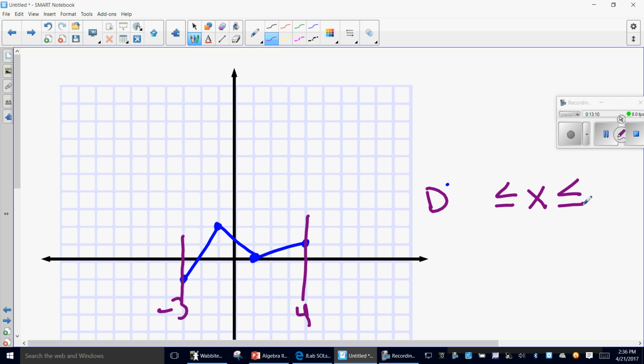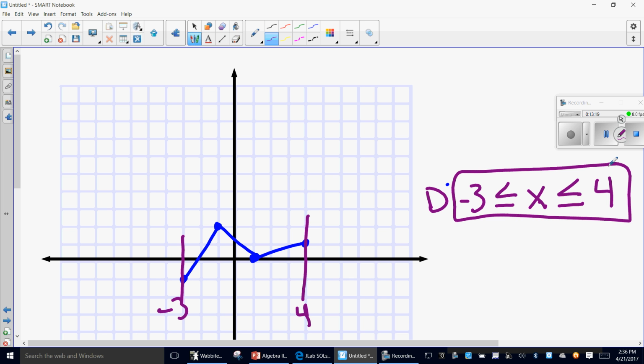It's bigger than -3, but x is less than 4, and that is how you state your domain. -3 is less than x, and basically that says x is bigger than -3, but x is less than 4.